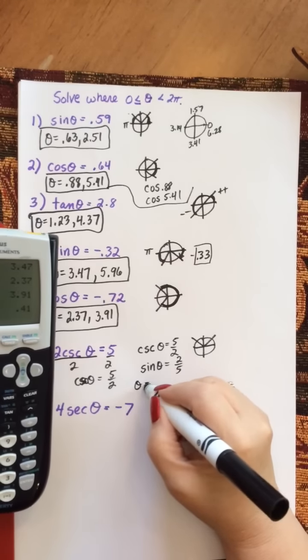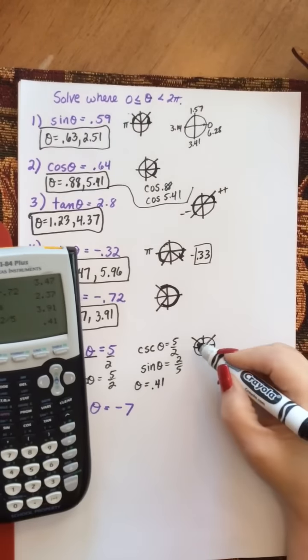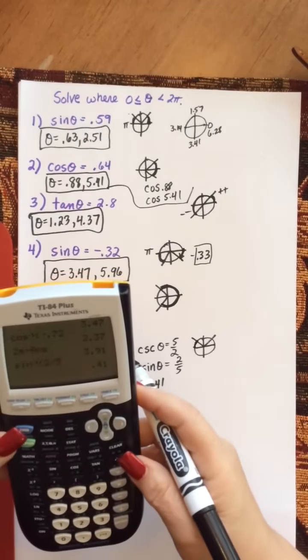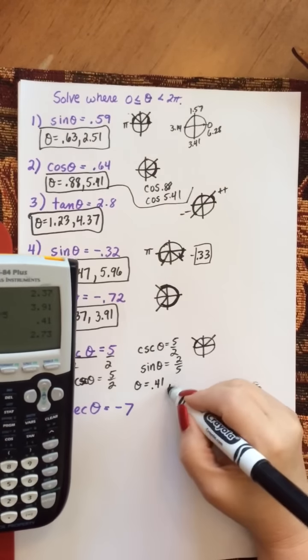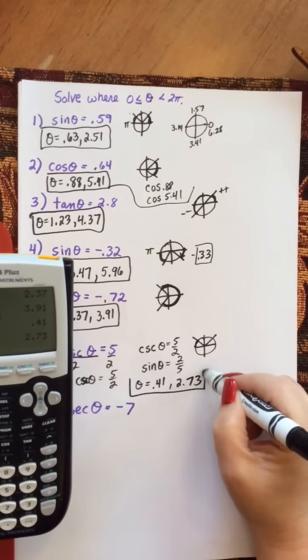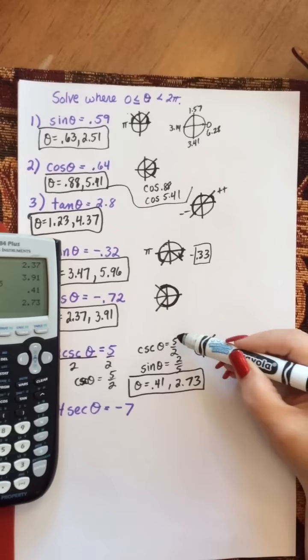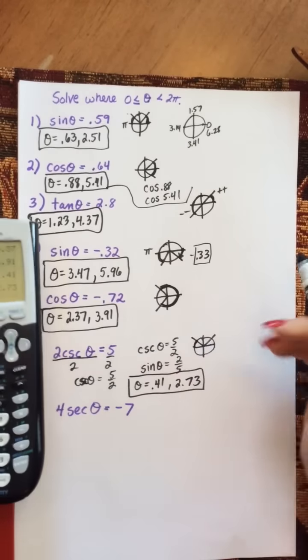So I get theta is equal to 0.41, and then to find this one, it'll be pi minus that. So I just say pi minus that answer, and I get 2.73. So those are going to be my two answers. Notice from a cosecant, I took reciprocal, and reciprocal of 5 halves is 2/5. Then I just solved like it was sine.